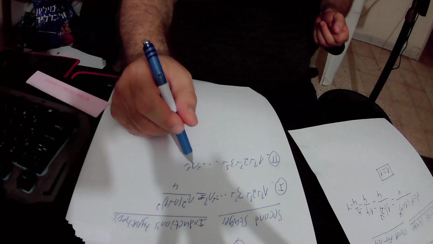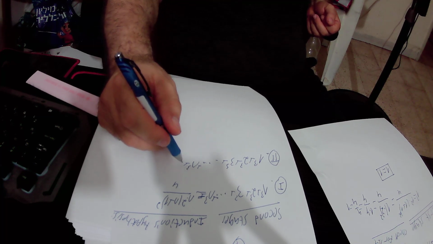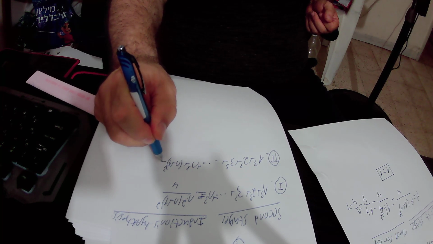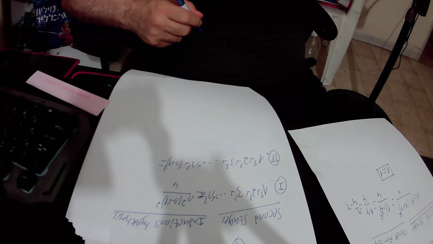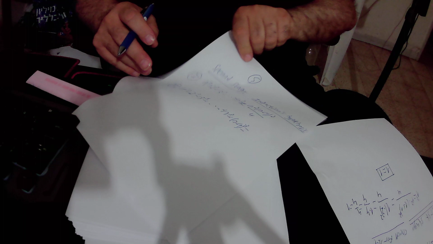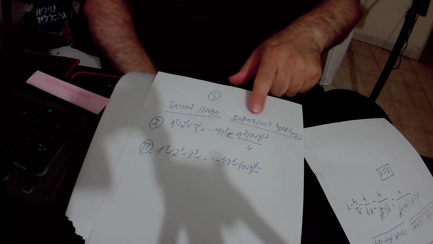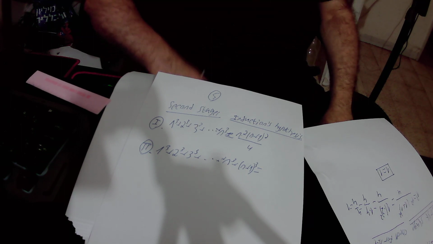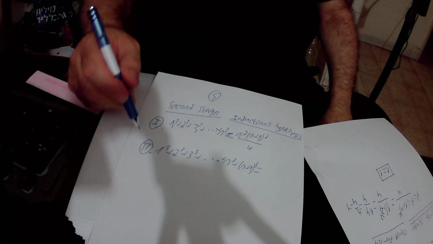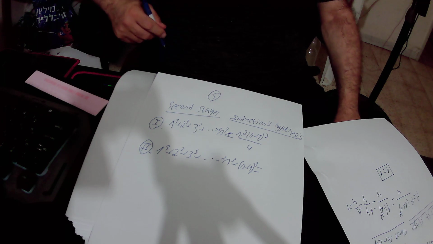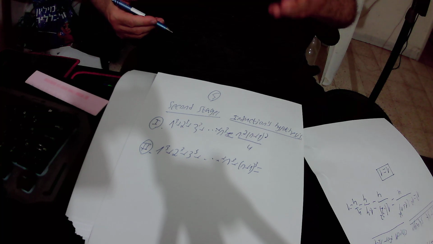We have n to the power of 3, and then we will have n plus 1 to the power of 3 equals, so in the original statement we have n squared times n plus 1 squared divided by 4, and in the second equation, we actually create the statement for n plus 1.